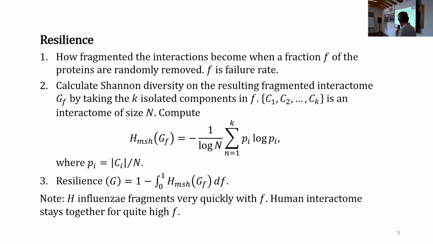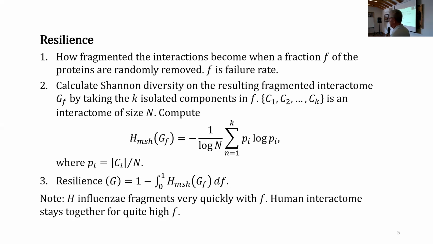Now this measure we call H. If you consider the interactome of, say, Haemophilus influenzae, it fragments very quickly with f. It breaks into pieces very rapidly. On the other hand, if we take the human interactome, what has been published of the human interactome, it doesn't.